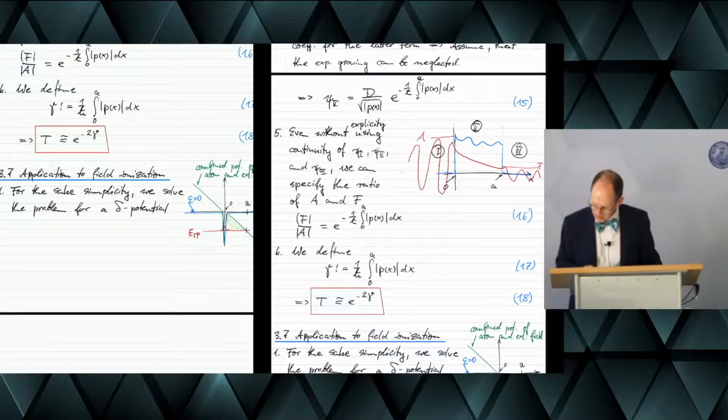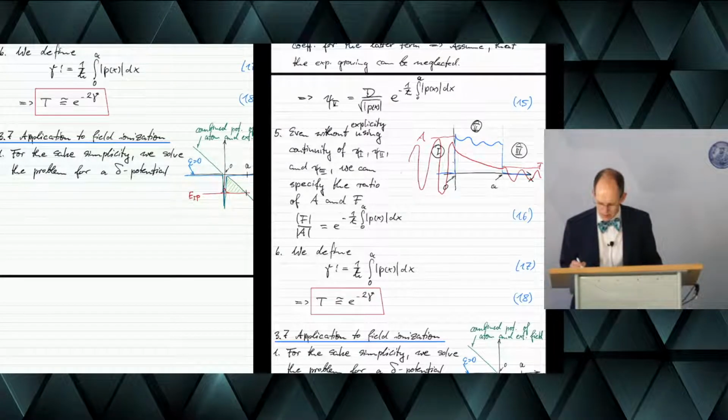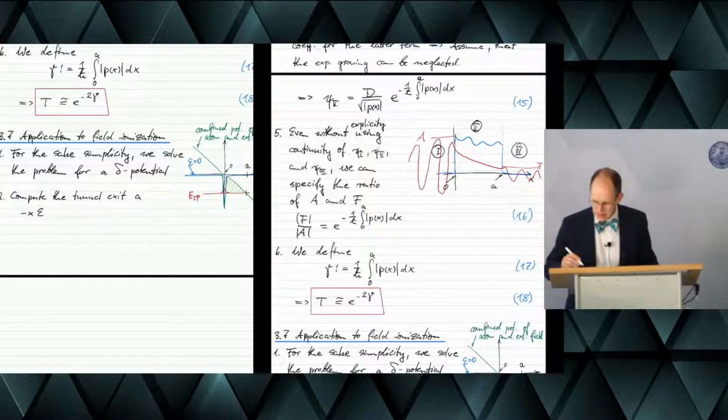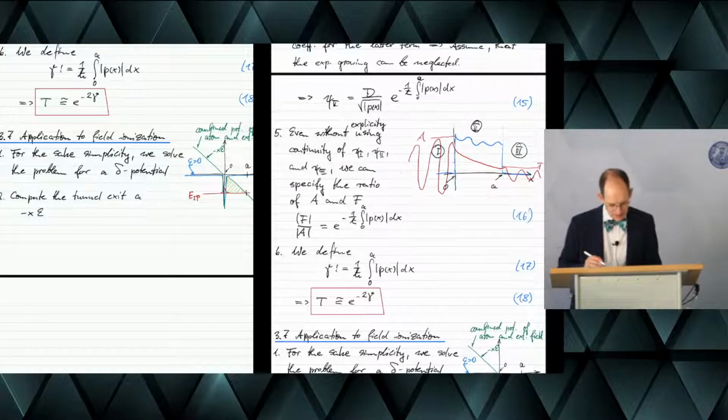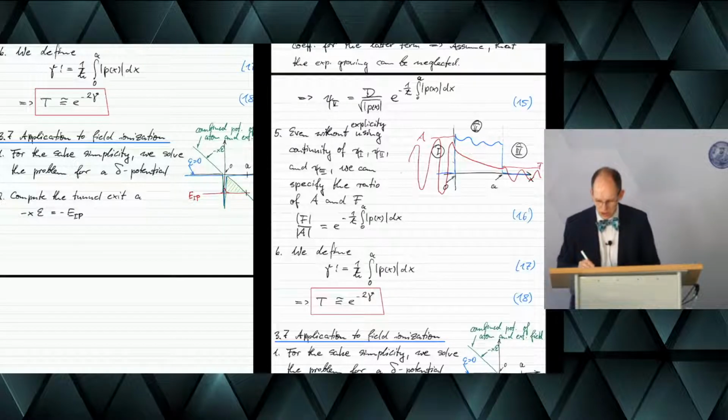Now in order to compute the tunnel exit A, the condition is, of course, that minus x times E, minus x times electric field, must equal minus the ionization potential.